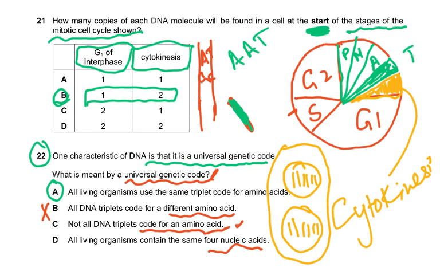But 4 nucleic acids kaise hoga? There are only 2 nucleic acids, DNA and RNA. The RNA is then of 3 different types, ribosomal RNA, mRNA and tRNA. So that is why, but plus that also does not answer the fact that what is a universal genetic code.